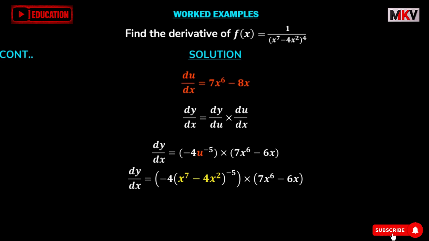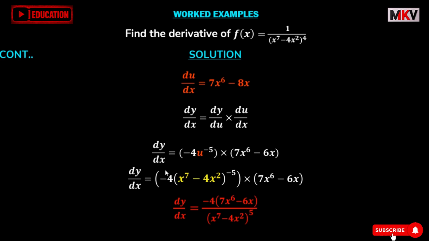Now we have to change the equation back to its fraction. So we have to eliminate the negative exponent. When we take that off, we're having minus 4 into bracket 7x to the power 6 minus 8x, all over x to the power 7 minus 4x squared all to the power 5.